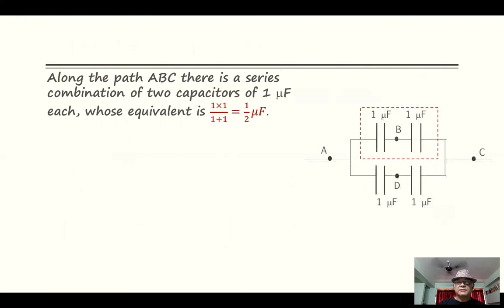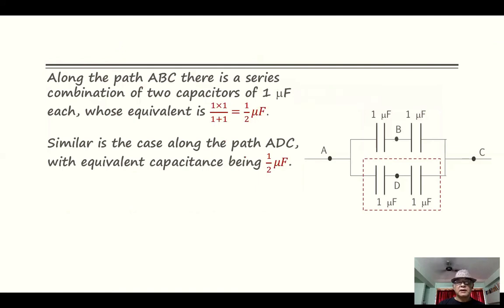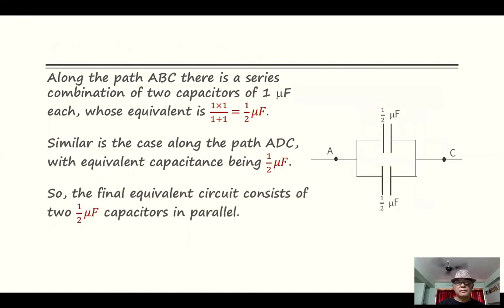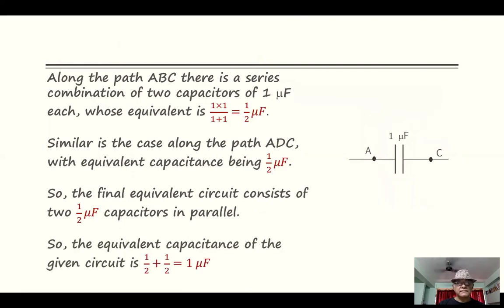Along the path ABC, there is a series combination of 2 capacitors of 1 microfarad each, whose equivalent is half microfarad. Similar is the case along the path ADC, with equivalent capacitance being half microfarad. So the final equivalent circuit consists of 2 half microfarad capacitors in parallel. So the equivalent capacitance of the given circuit is half plus half equal to 1 microfarad.